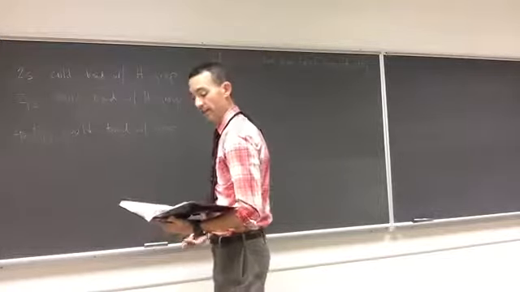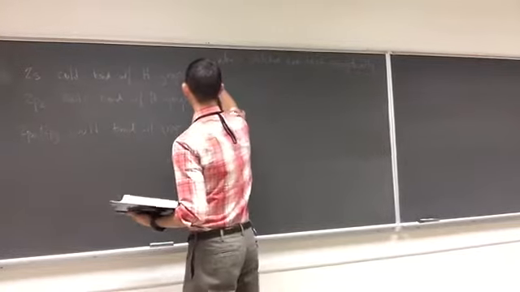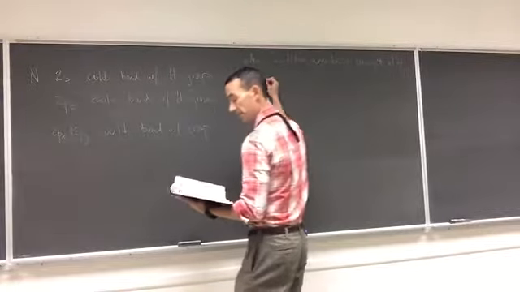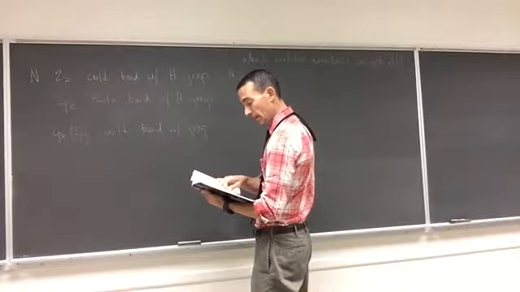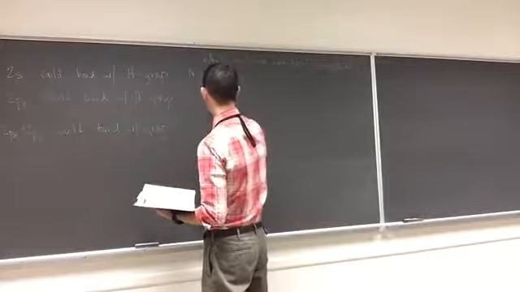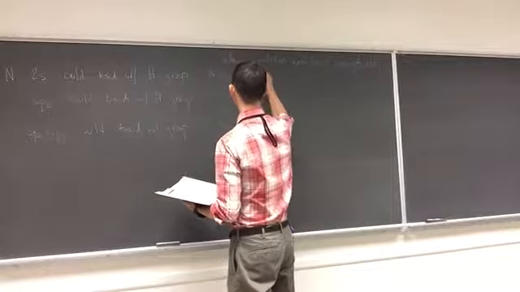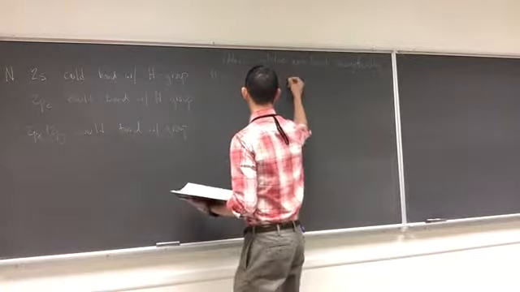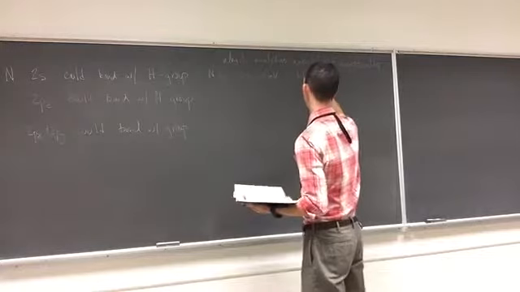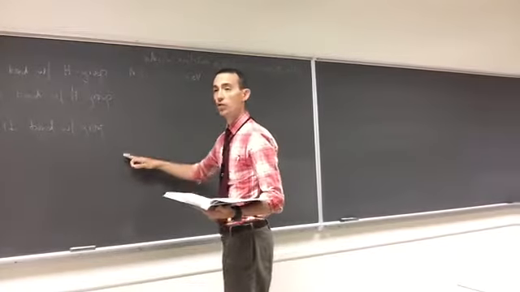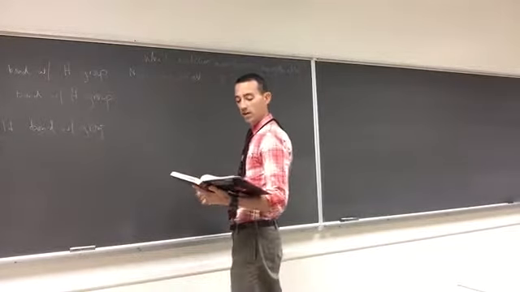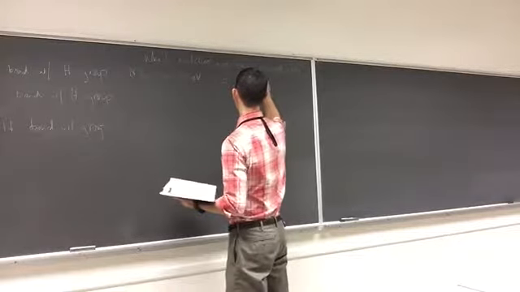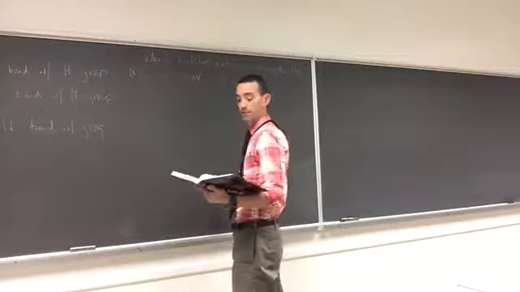The nitrogen 2s is negative 25.56 electron volts. The hydrogen 1s, which applies to the hydrogen group, since they're all hydrogen 1s's, is negative 13.61.